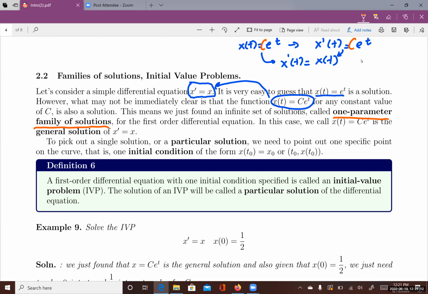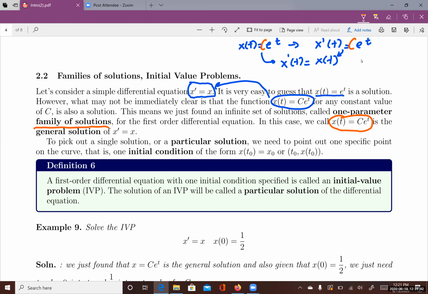Okay, for the first order differential equation, in this case, we call this function x of t equals c times e to the t the general solution of the equation x prime equals x. Okay, it's a general solution because c here is still unknown, and c can be any value depending on a particular situation.